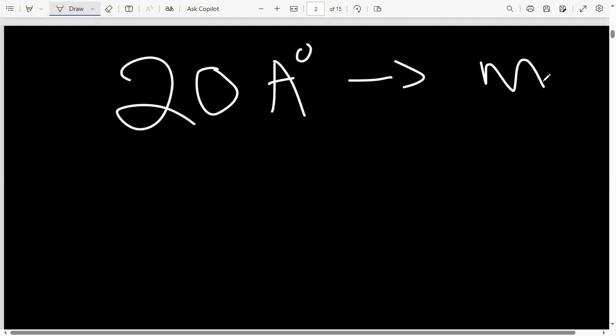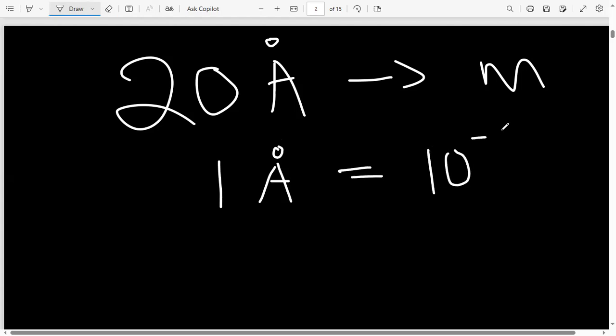So what are we going to do here? We have to know the definition of this angstrom. It should be up there, here, like that. This has a fixed definition that you have to know by heart. 1 angstrom is the same as 10 to the power -10 meters.